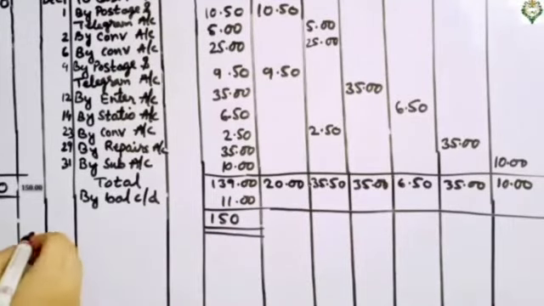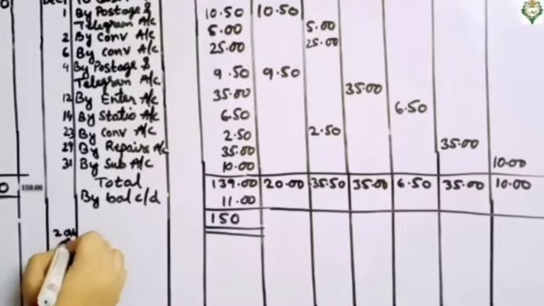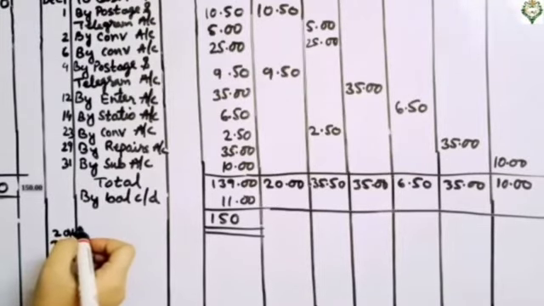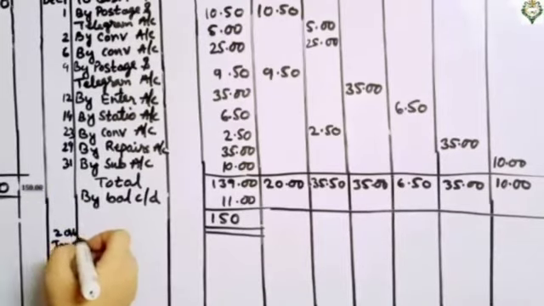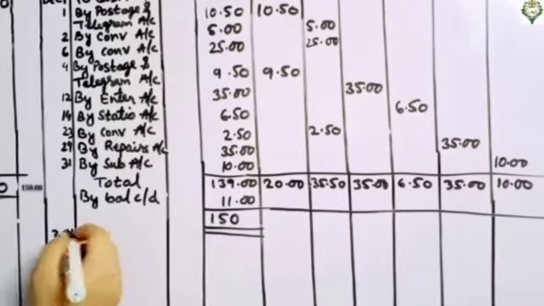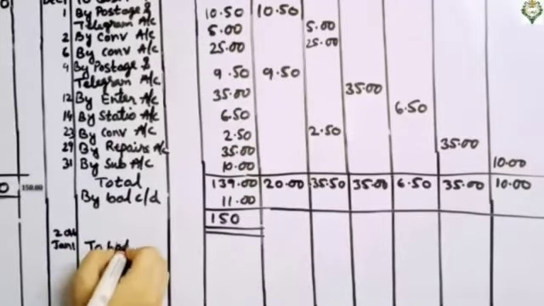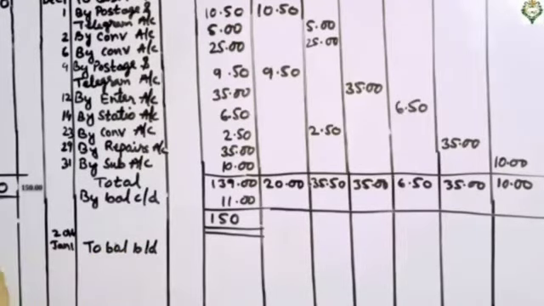And we have to write here 2016 January 1, because the question is asking to show how the petty cash will start again in the next year. So that's why we have to carry down this amount that we have got here. So we have to write here to balance BD, the amount is 11.